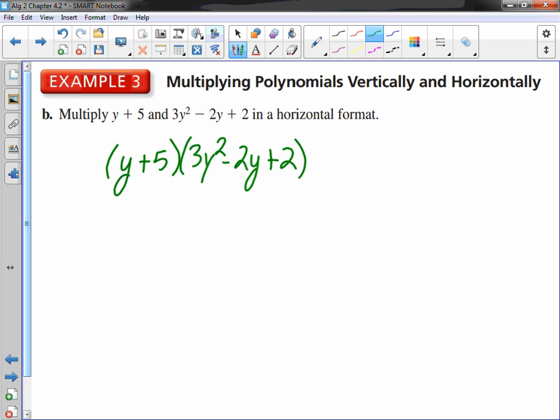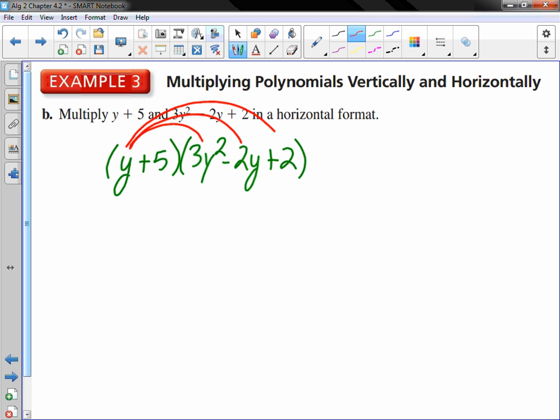Binomial is 2 terms. Trinomial is 3. That's what they would be called. Is a trinomial, binomial? Because we talked about last chapter, a perfect square trinomial had 3 terms. It's a perfect square. So, just some words.